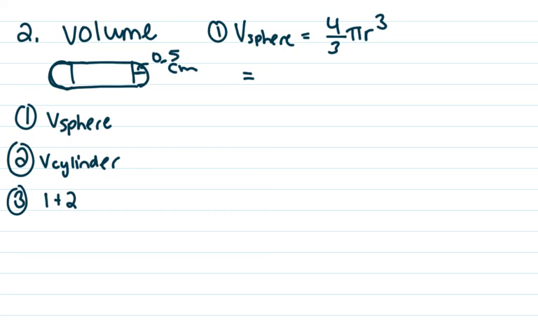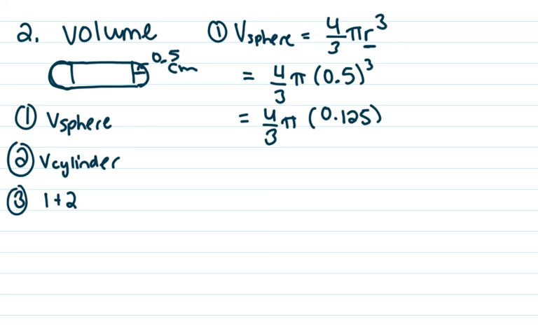So we'll enter that for r in our equation, 4/3 pi times 0.5 cubed equals 4/3 pi times 0.125 equals 0.16 repeating times pi equals 0.524 centimeters cubed. So that's the volume of the sphere.